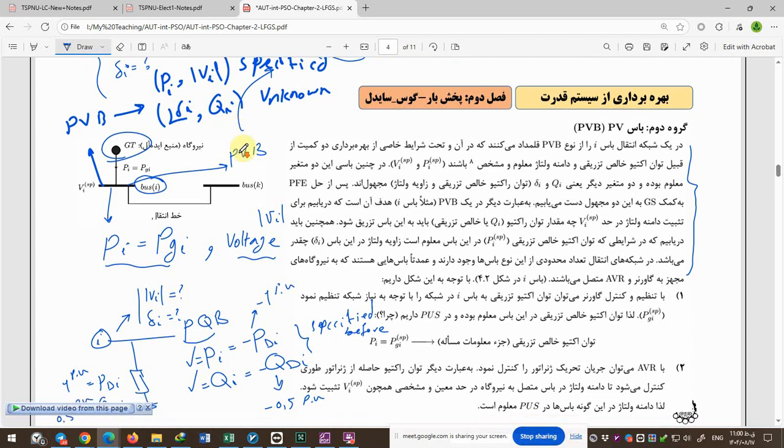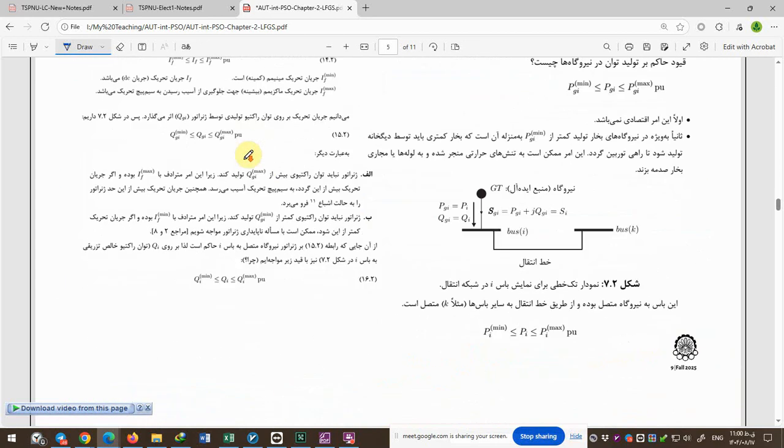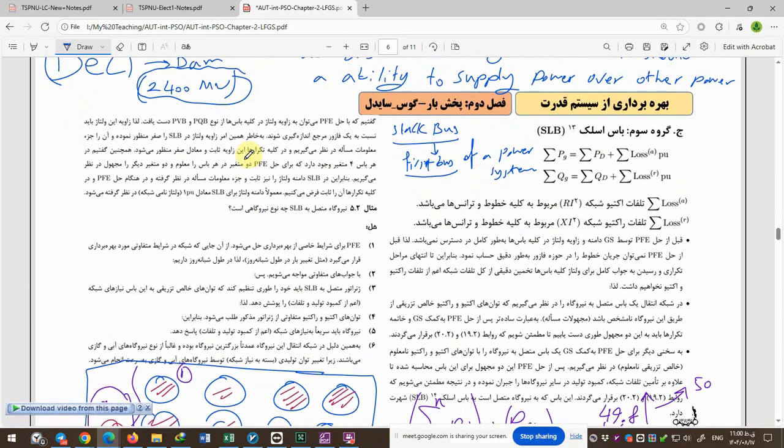The group number 3 is slack buses. A slack bus is a generation bus for which you can suppose the magnitude of voltage and its angle are fixed or specified.